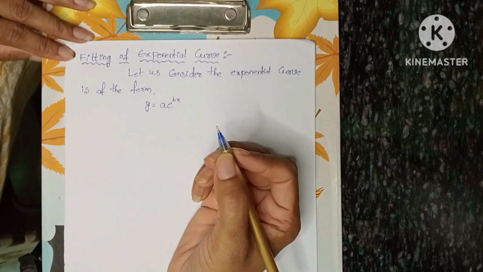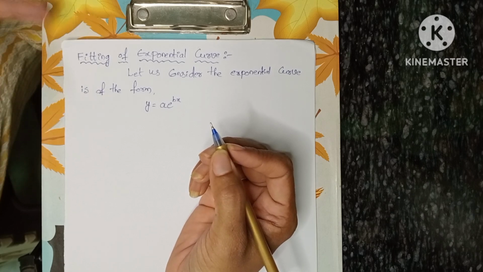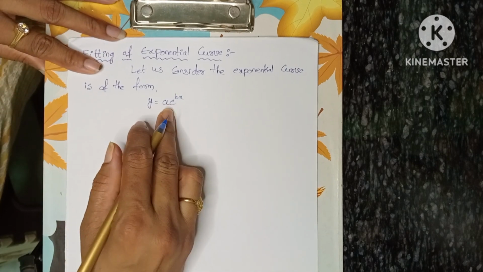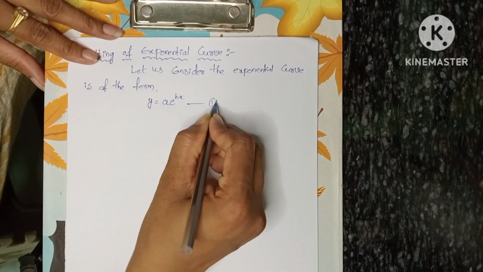Okay, we are having two exponential curves. We can say this is type 1 curve. So now we will discuss type 1 curve, y equals a e power bx. We consider this as equation 1.